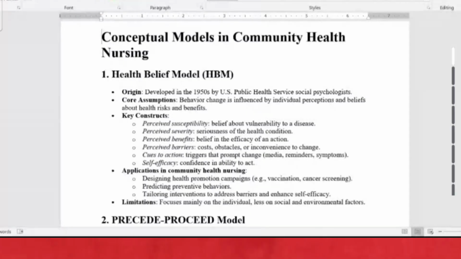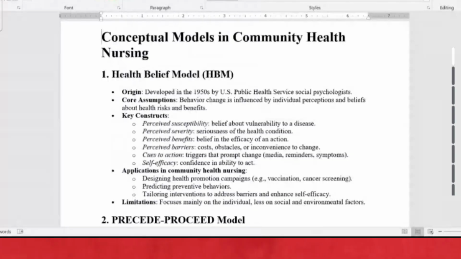Another building block, perceived benefits. We believe in the efficacy of an action. When there is seriousness, this individual will seek health service. The benefit of it is preventing or treating that particular infection.